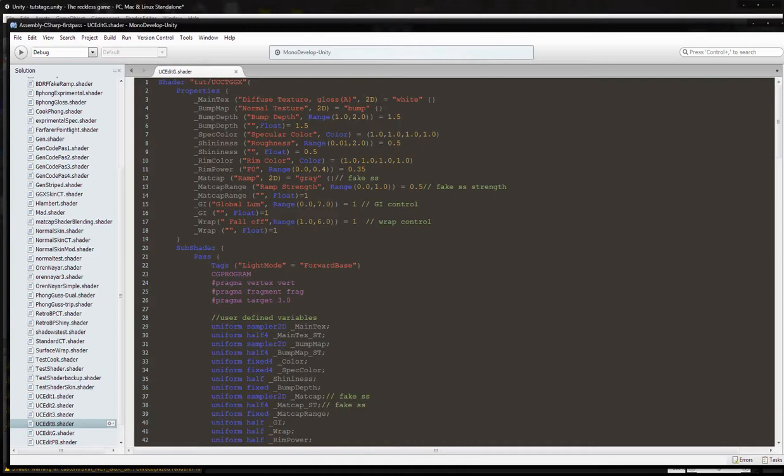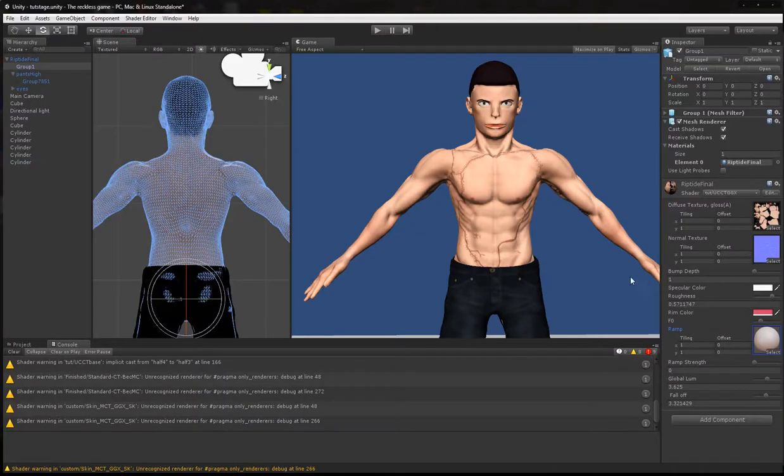With every single shader that you make, you might want to always go in and change the ranges to better fit your scene. It still kind of blows out, but not as bad.